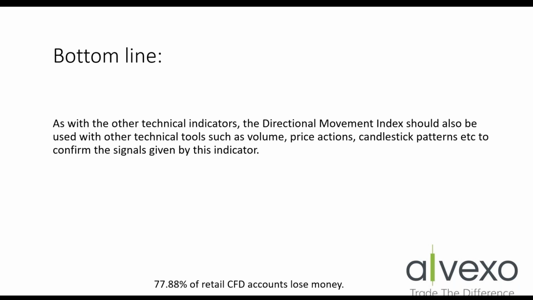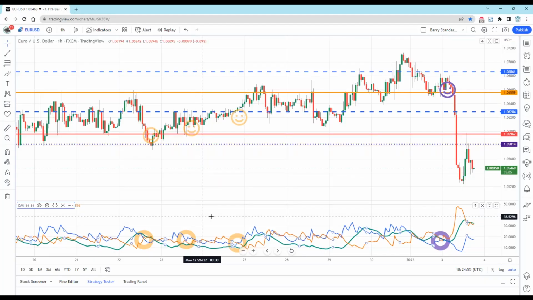And the bottom line is, with any other indicators, the directional movement index should also be used with other technical tools such as volume, price action, and candlesticks, and confirm the signals given by that indicator. So in other words, we shouldn't be trading blindly.